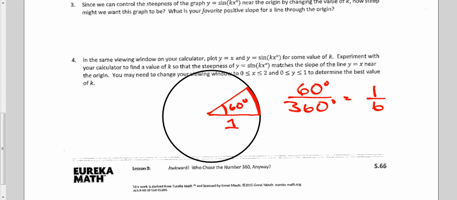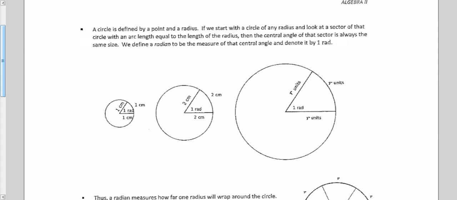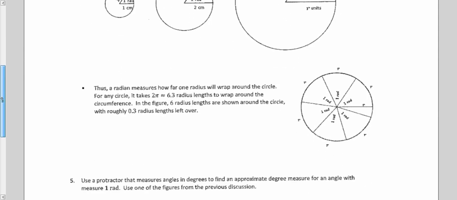Okay? So to go 360 degrees, I go 2 pi radians. Are we clear on that? So, back to page 3. 360 degrees equals 2 pi radians. Okay?